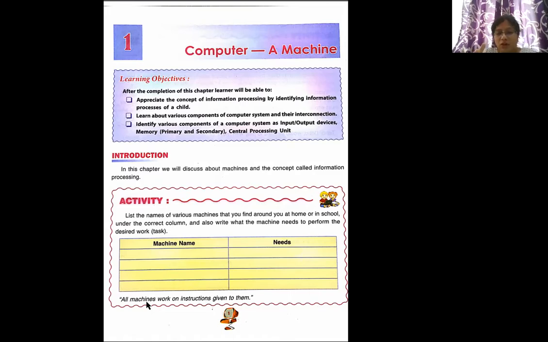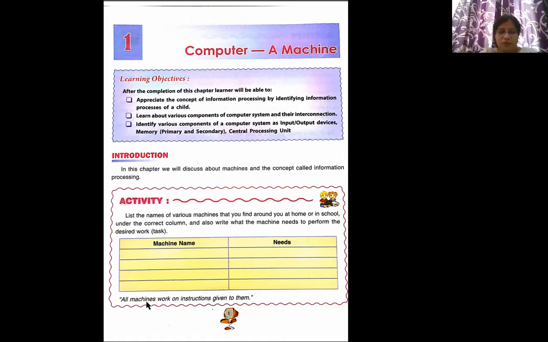Washing machines also work according to instructions. If you put the clothes inside the washing machine, does it start washing the clothes? No. You have to set the program. You have to tell which program it has to work. It has to do the washing process very strongly or very gently or quickly.